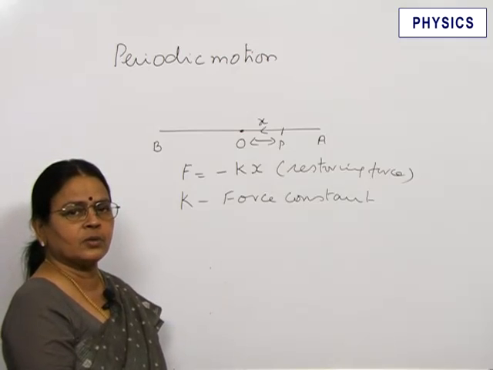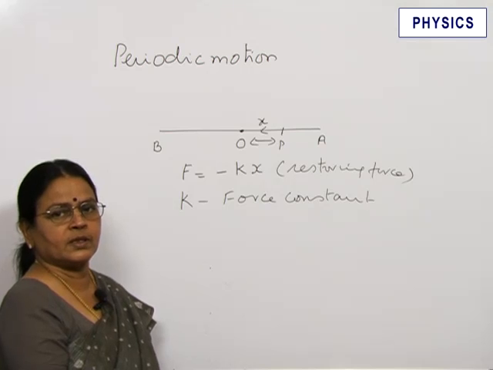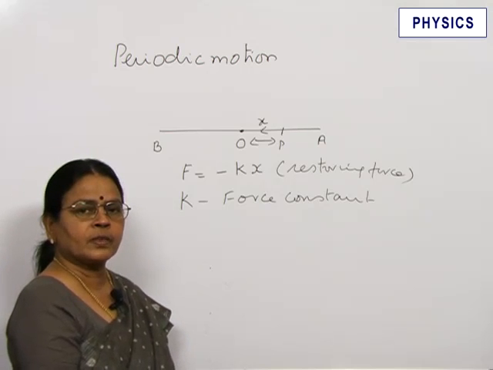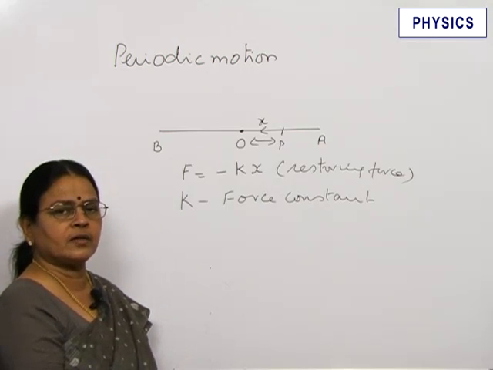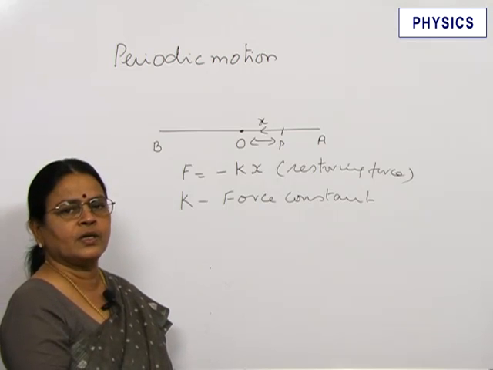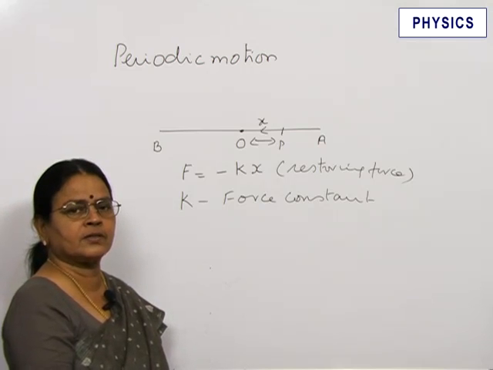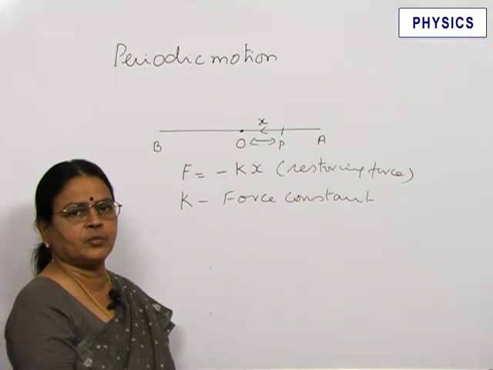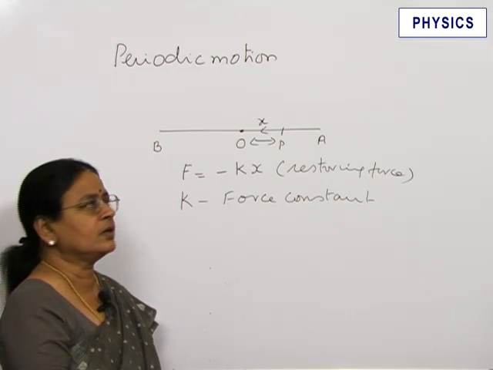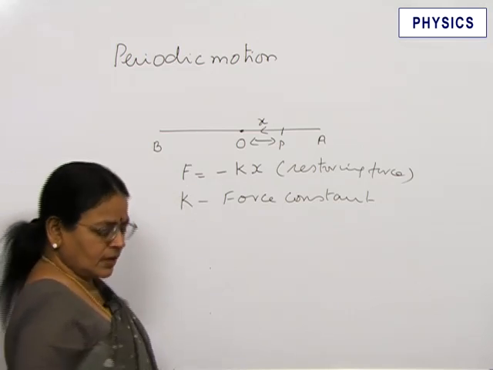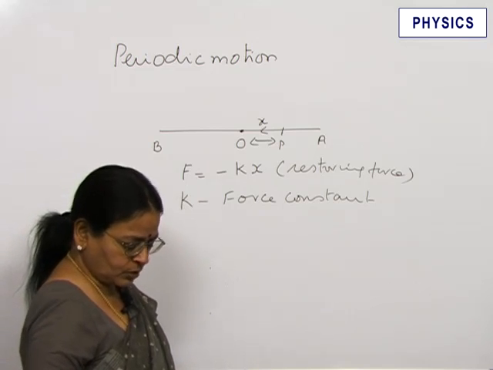Such a motion is known as simple harmonic motion. It is a periodic motion. Simple harmonic motion is periodic, whereas all periodic motion need not be simple harmonic. For example, heartbeat is a periodic motion, but it is not simple harmonic. So this is the definition for simple harmonic motion.